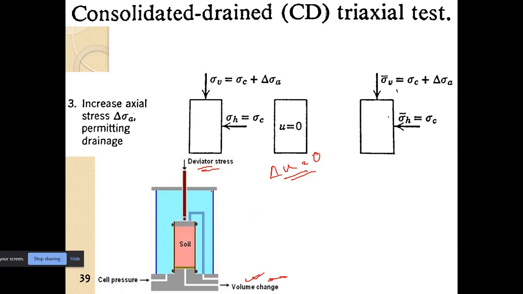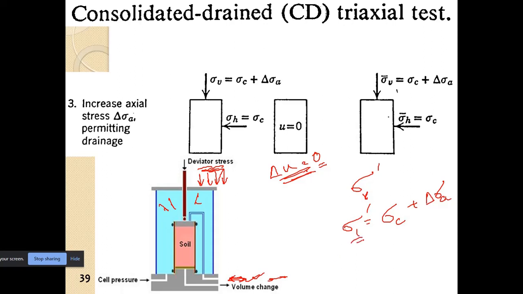So while we apply the deviator load, we allow the volume change to occur, that is, drainage to or from the sample to occur. So excess pore water pressure generation is not there. Whatever axial load is applied, we have the effective vertical stress sigma 1 dash equal to the confining cell pressure plus delta sigma A, where delta sigma A means the axial load.